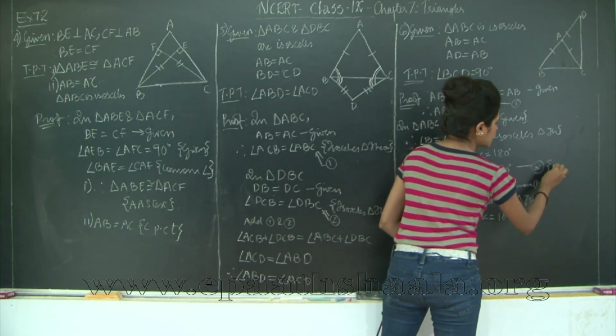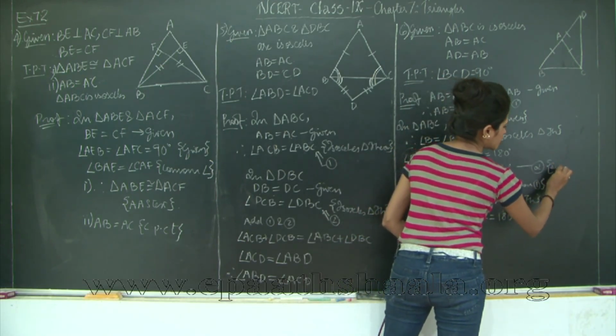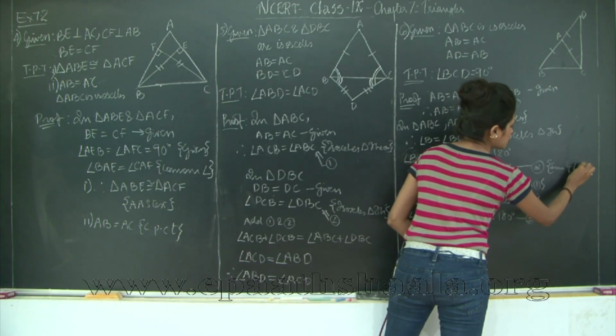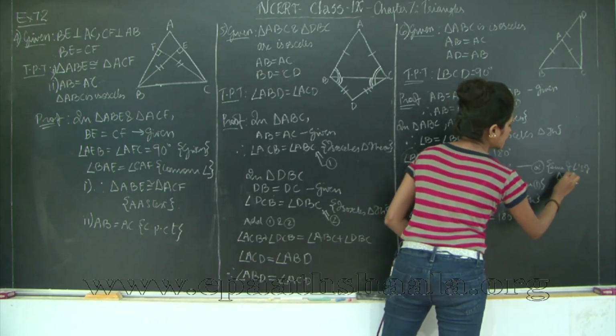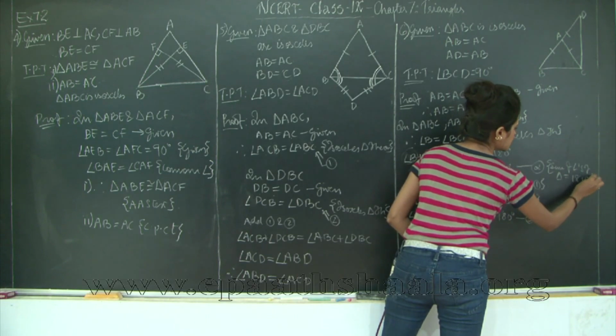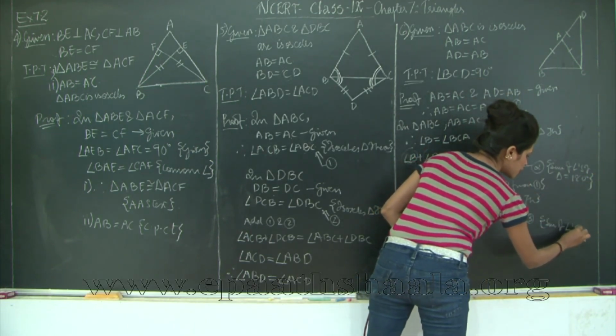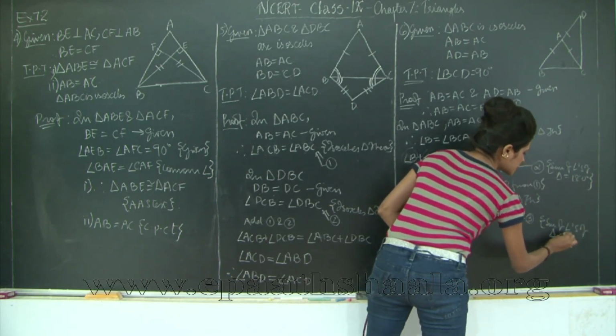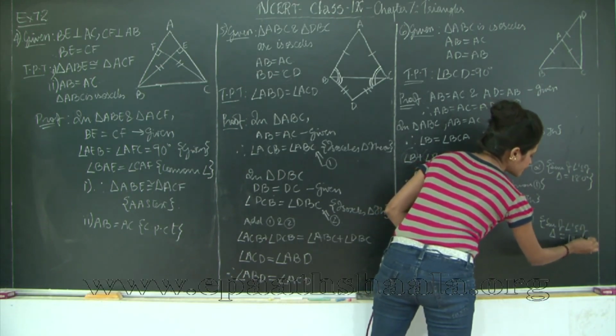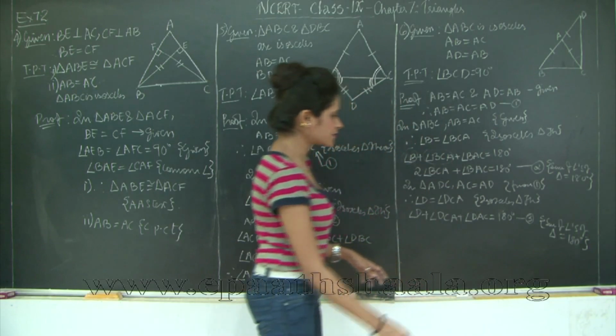This is the sum of angles of a triangle is equal to 180 degrees. Similarly here, the sum of angles of a triangle is equal to 180 degrees. Correct? Reasoning is very important.